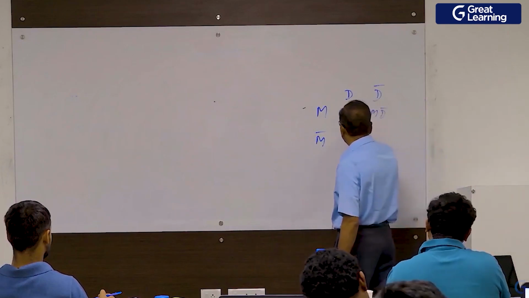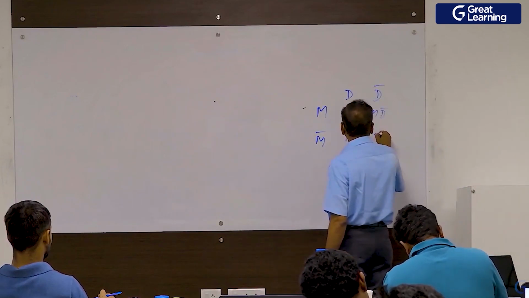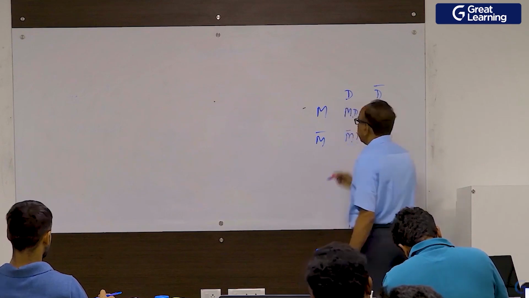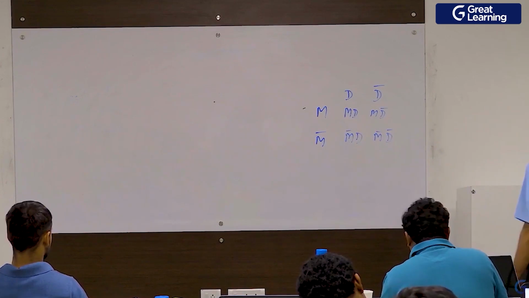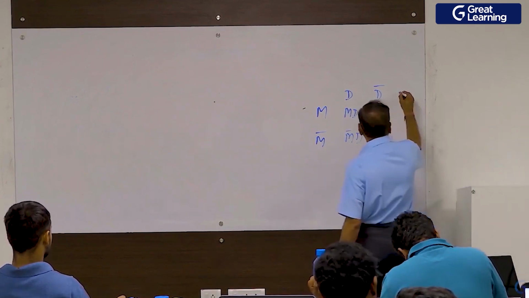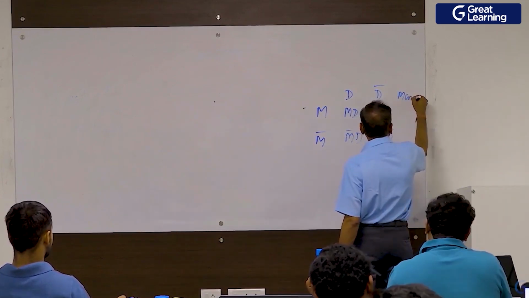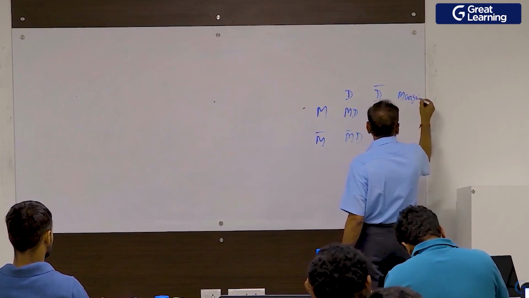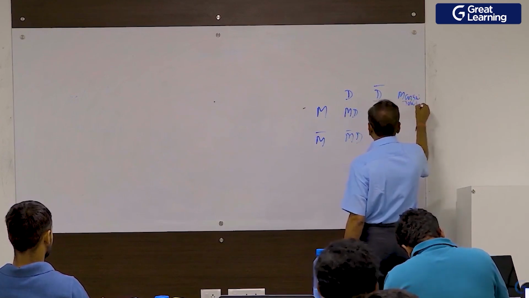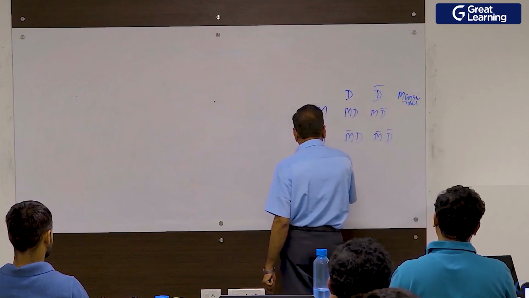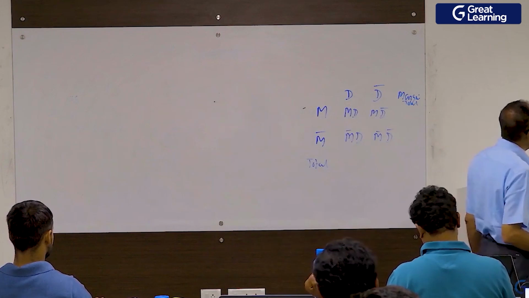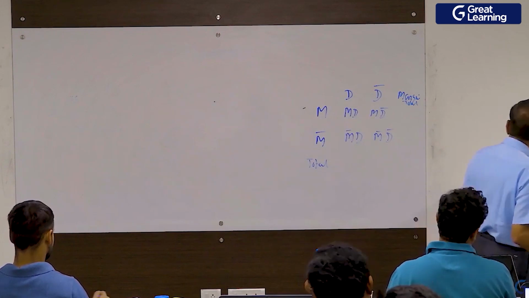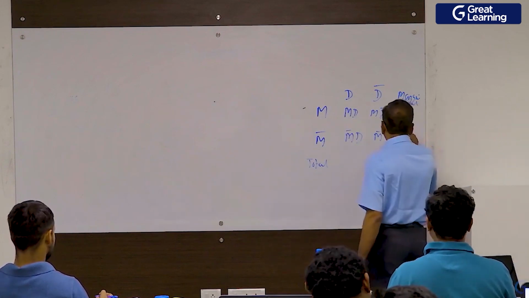This is M bar D, M bar D bar. This is given. And from the total, the marginal total, this is a total. Let's just keep this at the back of the mind. Those who are single is 100. So this total is 100. Am I right?